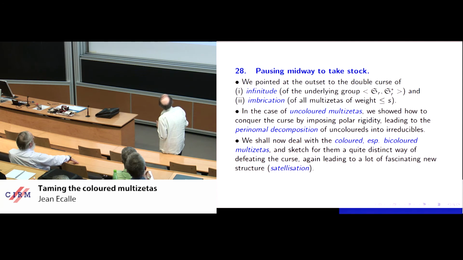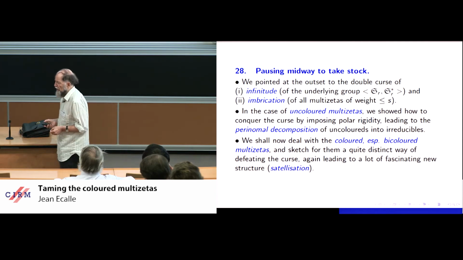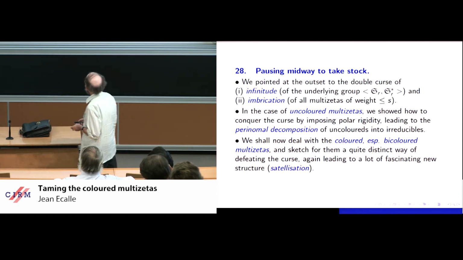So we pointed out the main difficulty, these double curves of infinitude and imbrication. In the case of the uncoloreds, we saw a way, rigidity, to overcome these double curves.